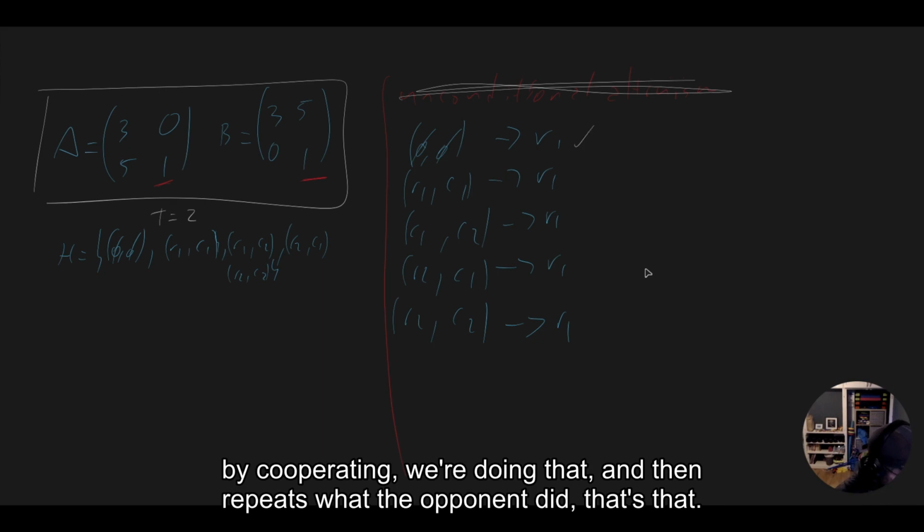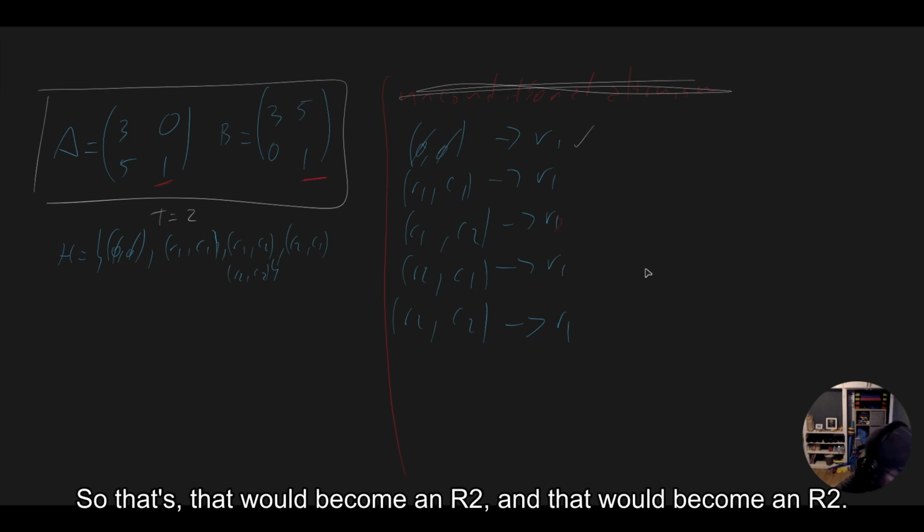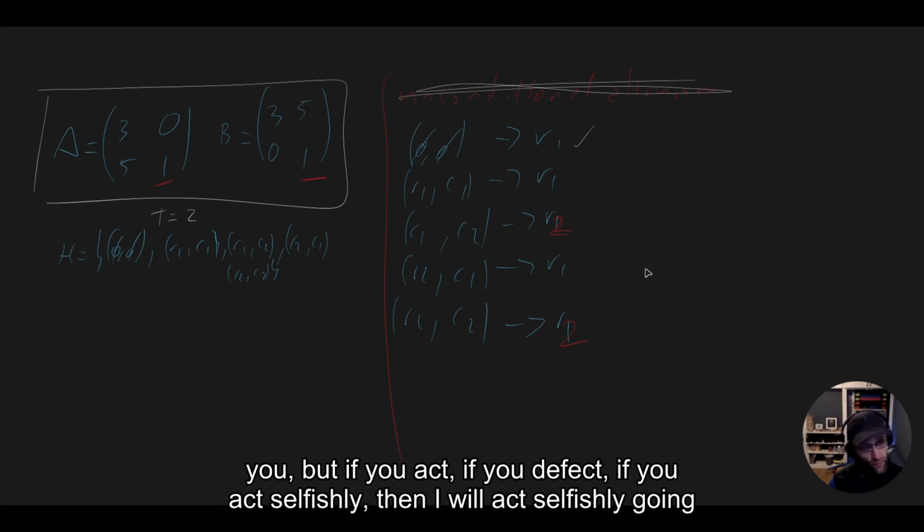We're doing that, and then repeats what the opponent did. That's that. And then we've also got this one here. So those two are right. But these ones, however, would have to change. So that will become an R2, and that will become an R2. So in other words, I'm going to start by cooperating, and if you cooperate, I'll cooperate with you. But if you defect, if you act selfishly, then I will act selfishly going forward.